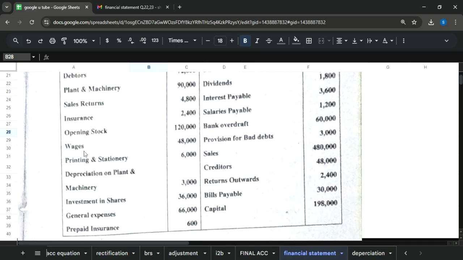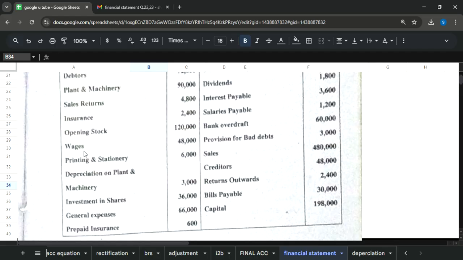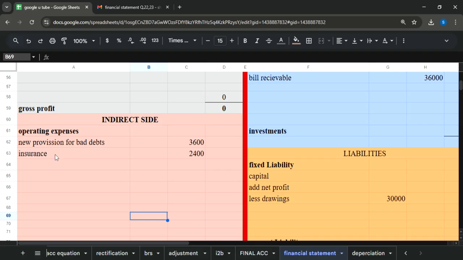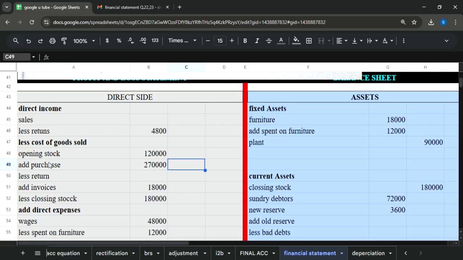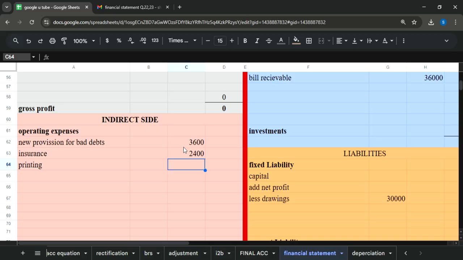Then we have wages 48,000. Wages 48,000 already written in its place. After wages, we have printing, which is part of operating expenses. The amount of printing is 6,000. Put it over here.